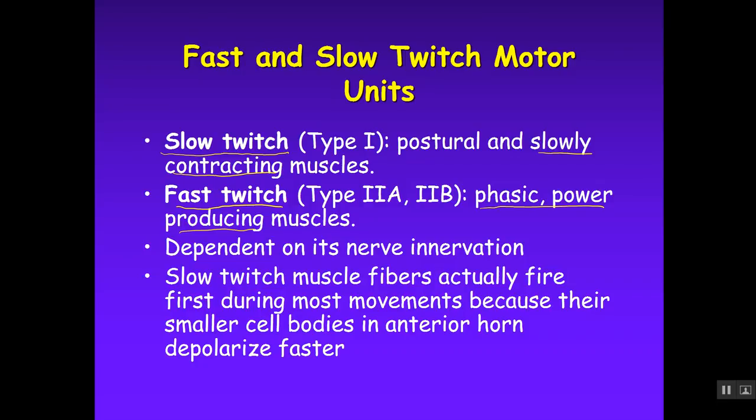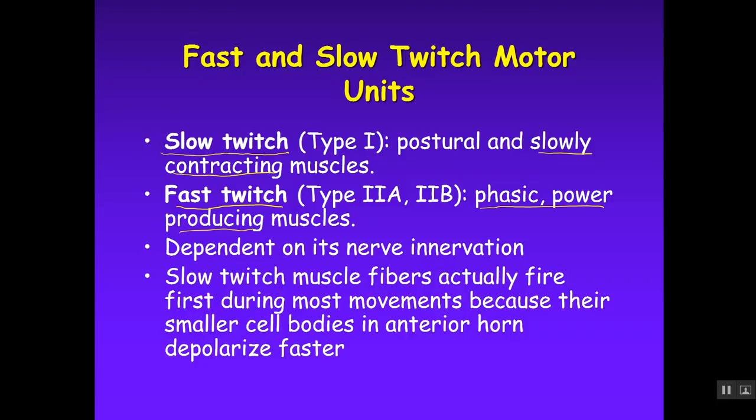Even though they still take a little bit longer to contract, because they got the signal a little sooner, it still gives them time to start to set before I do my big power-producing motion, so I don't throw myself off. I have to have the stability and the core to work off of with my power-producing muscles, and that's just because of the physiology.